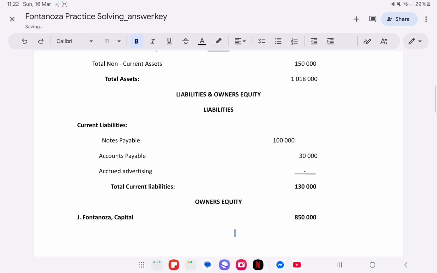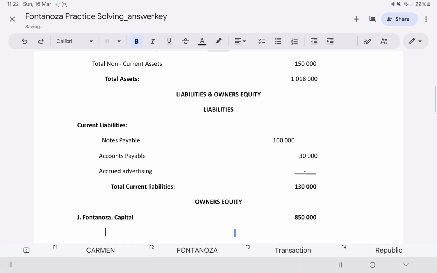Then let's compute the total liabilities and owner's equity. Sum up 130,000 plus 850,000.